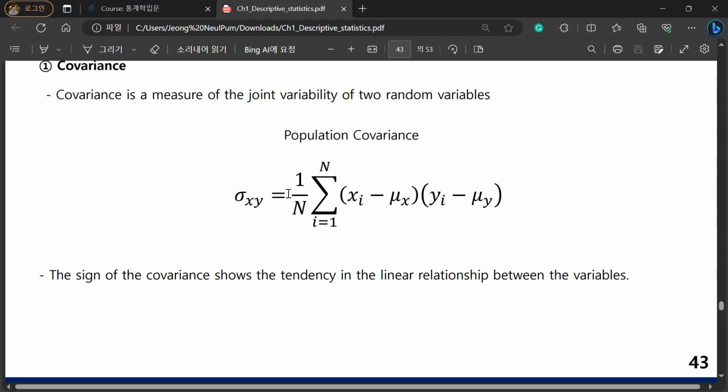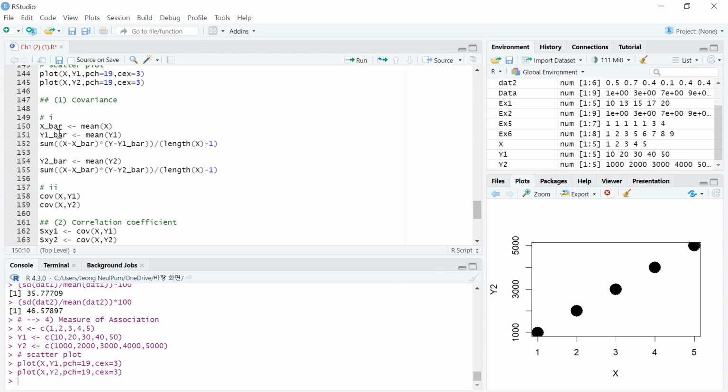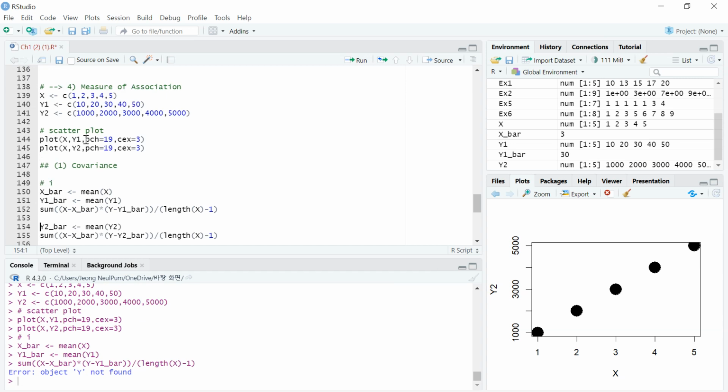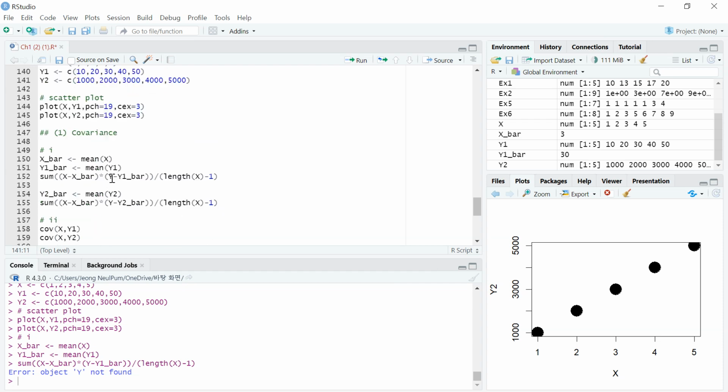This is the mathematical formula, and if we implement this formula in programming, it is the same as this code. Oh sorry, this is y1 here and y2 here. So please modify the code here.